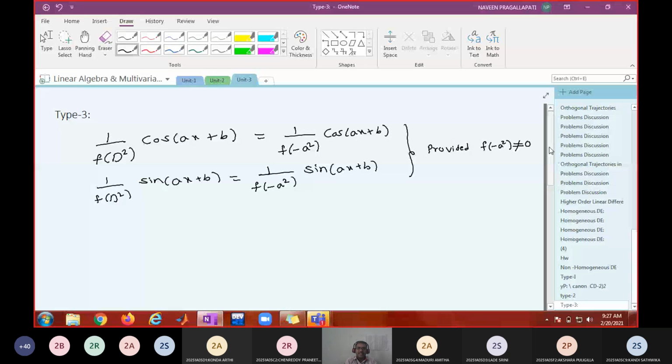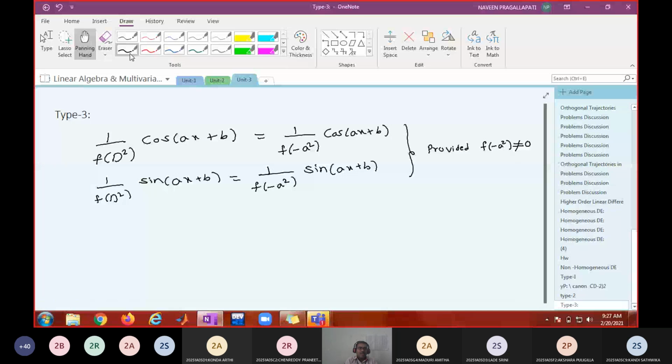So whenever your Q(x) is cos(ax plus b) or sin(ax plus b) and your function is a function of D square, then replace D square with minus a square. Okay, and if f(minus a square) is not equal to 0, this is going to be the result.